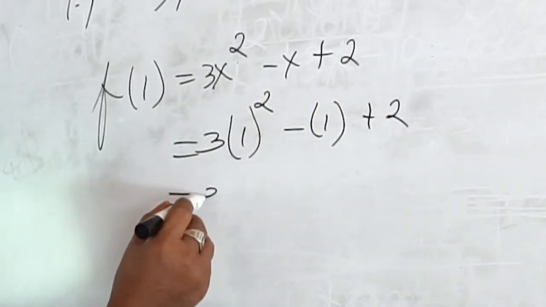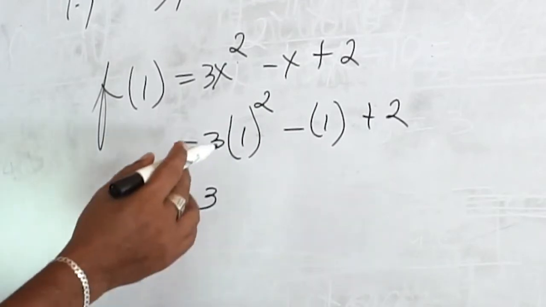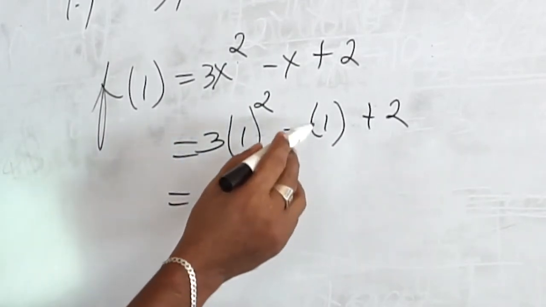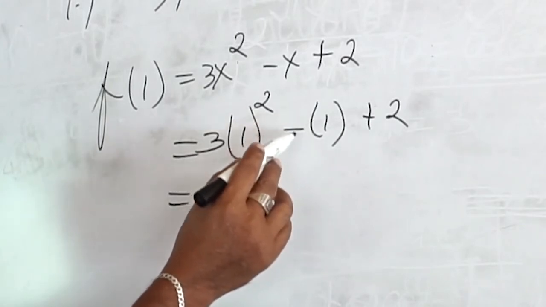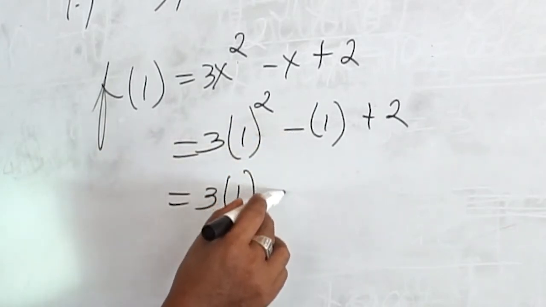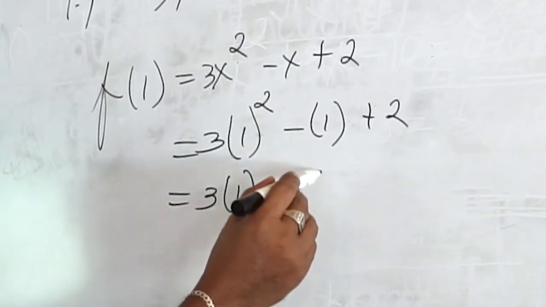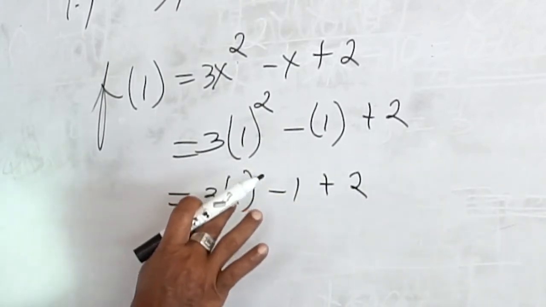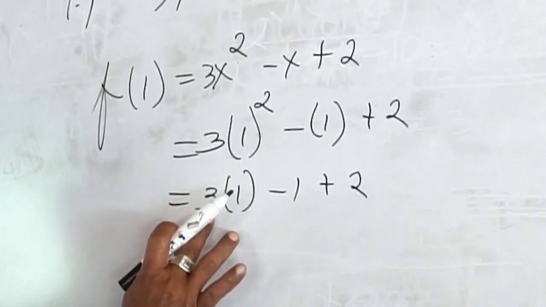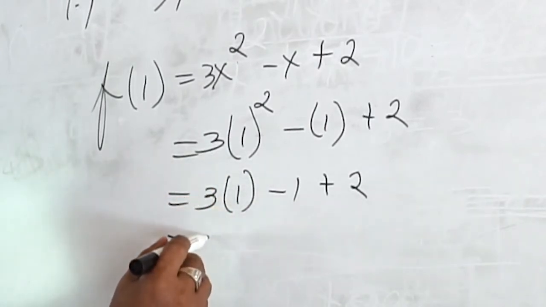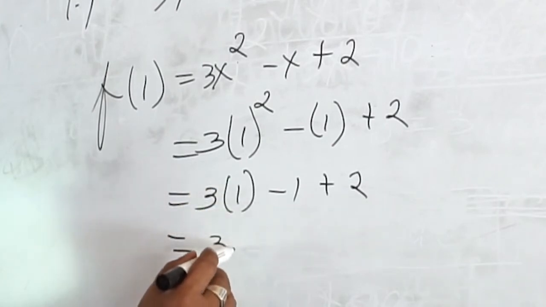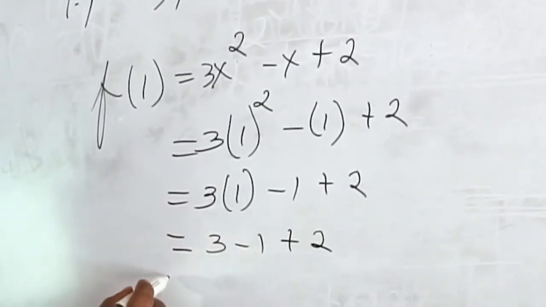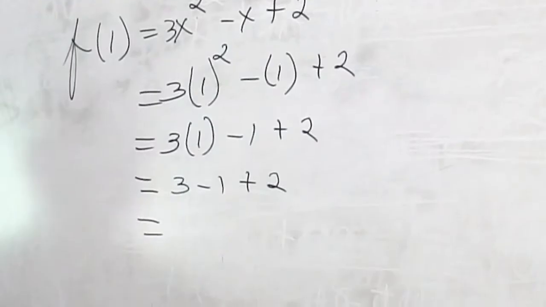Then we have 3, since the square of 1 is 1. Then positive 1 multiplied by negative, the result is negative 1. Then we have positive 2. Then simplify: 1 times 3, the product is 3, then negative 1, then positive 2. After that, combine.